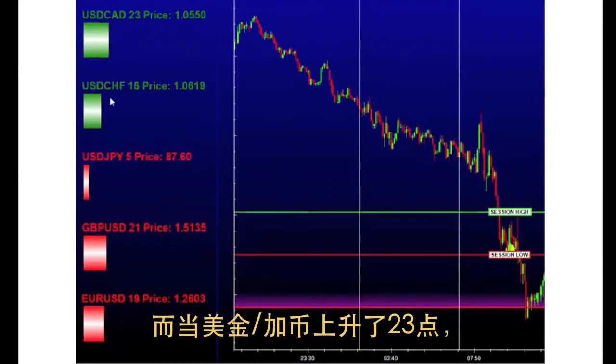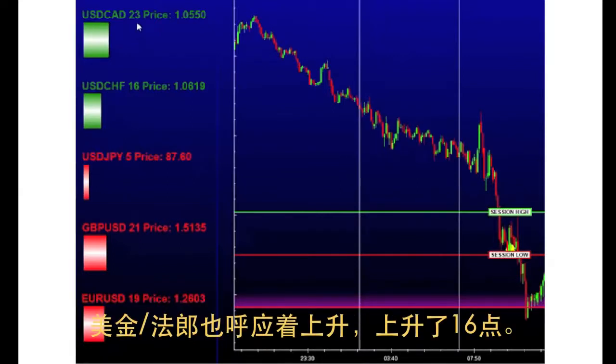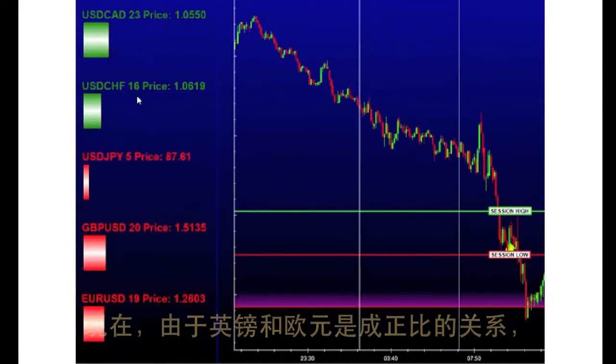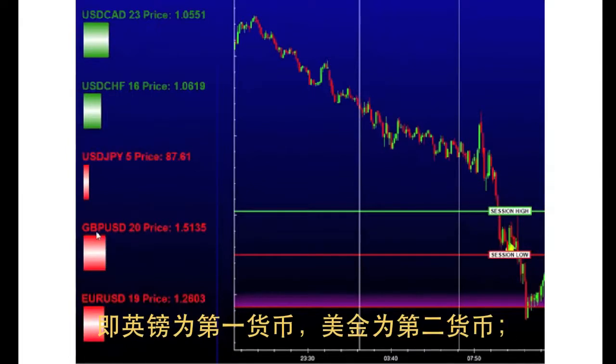Also, we have the US dollar Swiss franc. As you can see, the CAD is up 23 pips. US dollar Swiss franc is moving in the same direction and is up 16 pips. Now, because the pound and the euro are reversed, you can see the pound is first, the dollar second, the euro's first, the dollar second. They're in red.